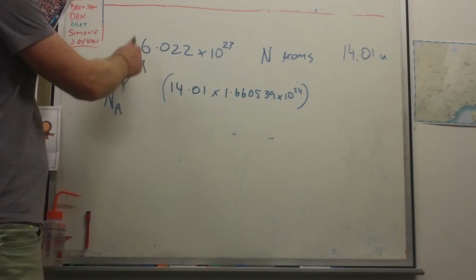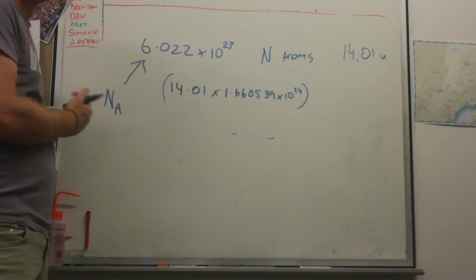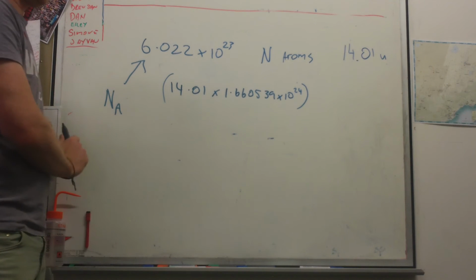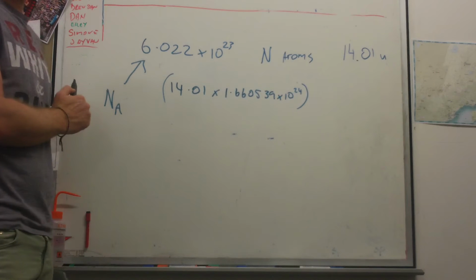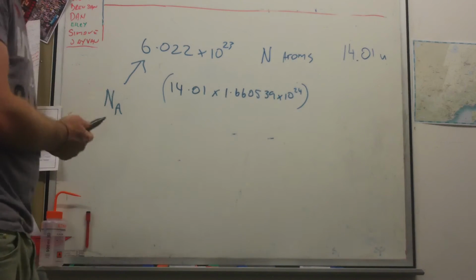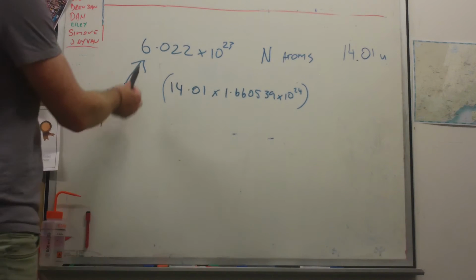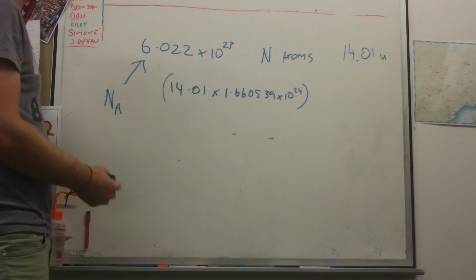This is the number that we use to count molecules. When we count a number of moles, there's this many molecules of interest in that packet, in the same way that when we count eggs in a carton, if we say a dozen eggs, we know we have 12. If we have a mole of something, we have 6 by 10 to the 23 of them, very many, a large counting number.